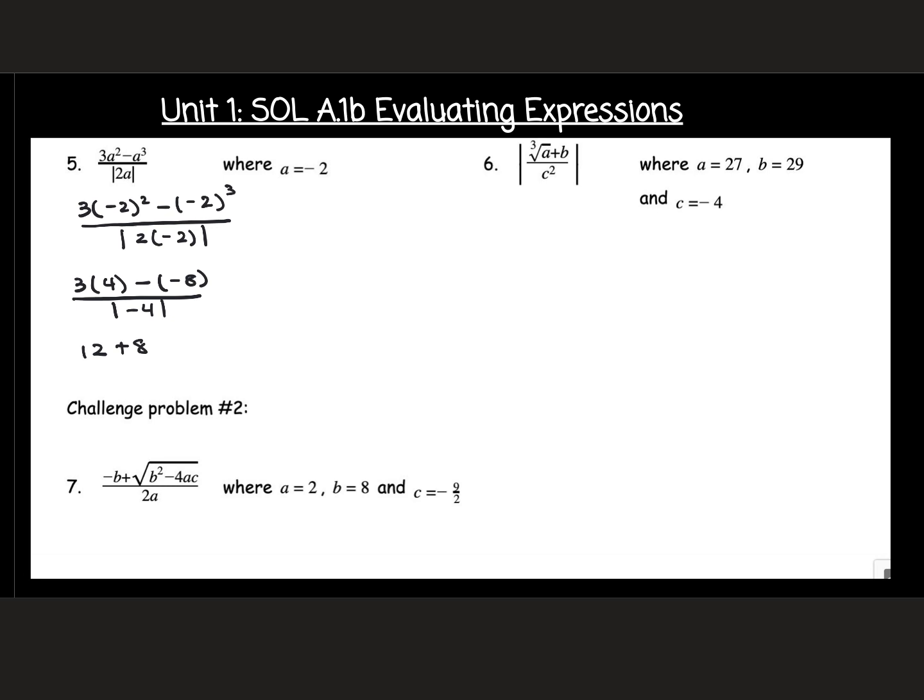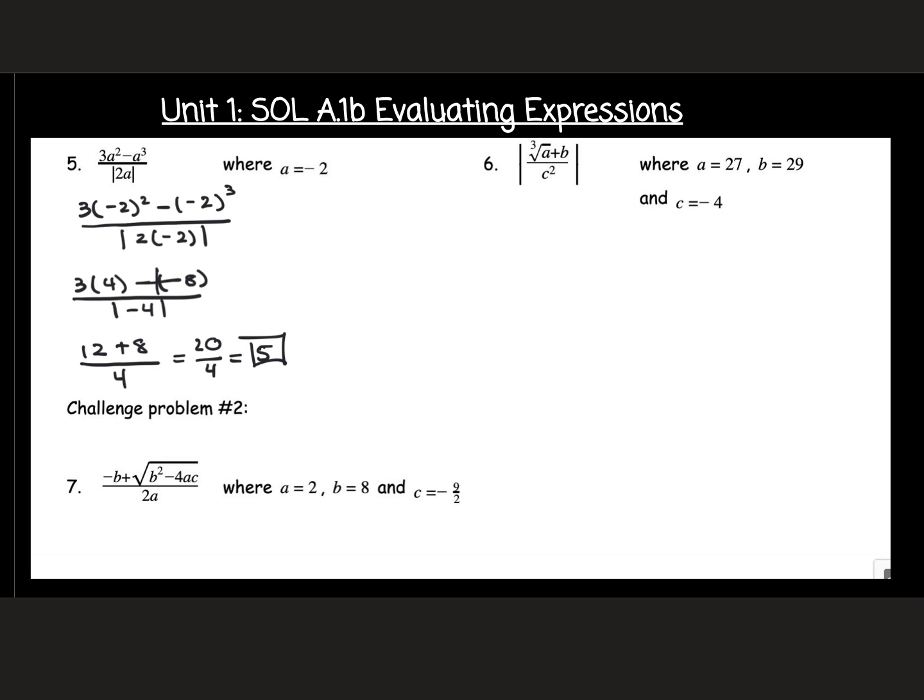I'm going to get a +8 because I have a negative minus a negative, so that turns into a plus right here. The absolute value of -4 is 4, because remember, absolute value tells you how far a number is from 0. I have 12 plus 8, which gives me 20. 20 divided by 4 is 5.